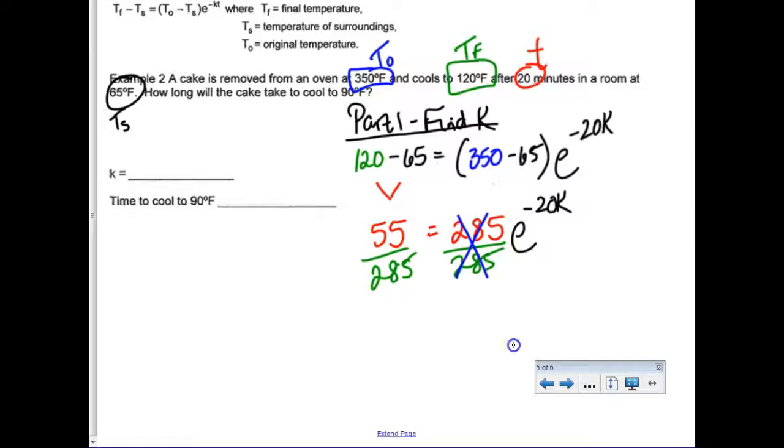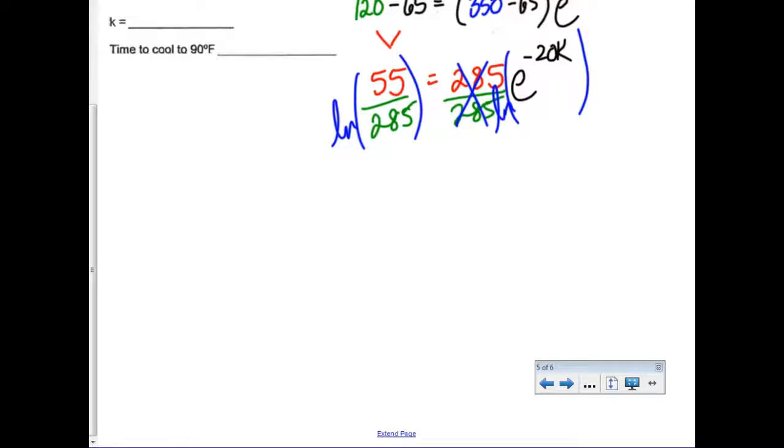Now would be a great time to apply which logarithm? Natural log. Okay, I need some calculation help because I don't think I rounded in a good way. Someone tell me what they get when they apply the natural log to 55 over 285.